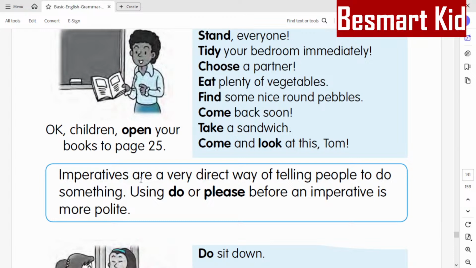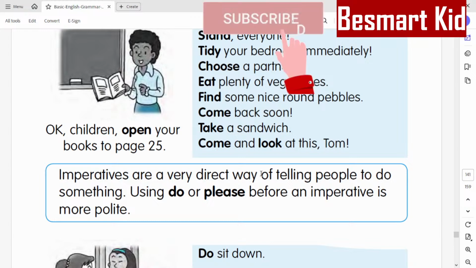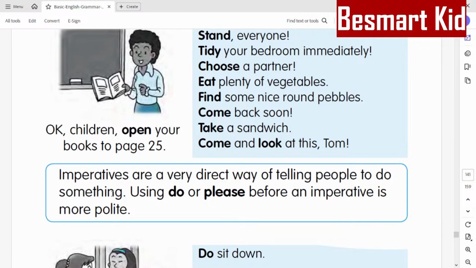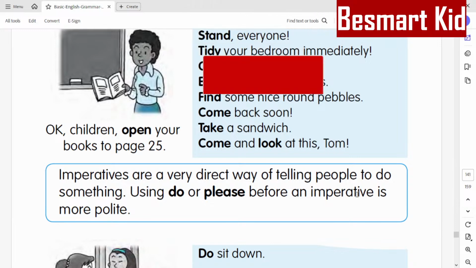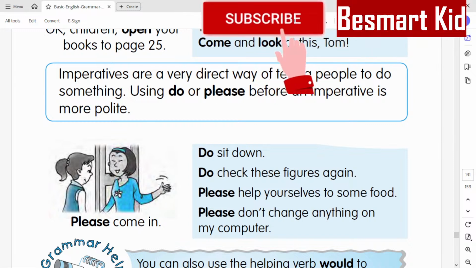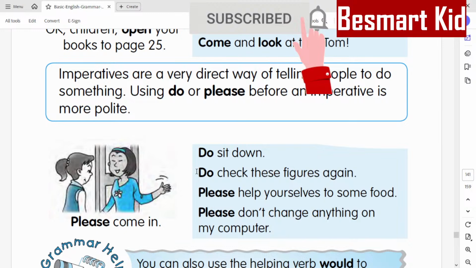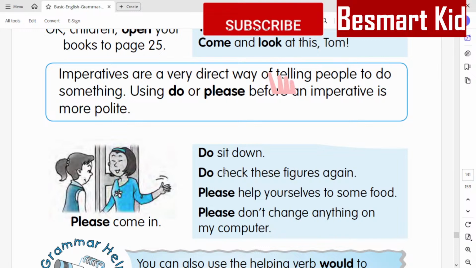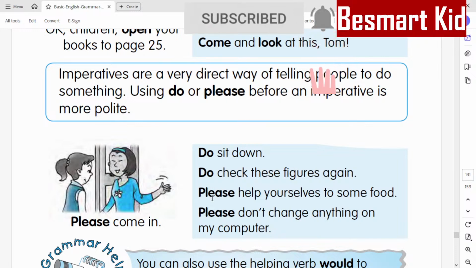Imperatives are a very direct way of telling people to do something. Using do or please before an imperative is more polite. Please come in. Do sit down. Do check these figures again. Please help yourself to some food.